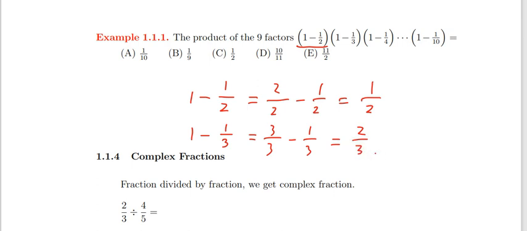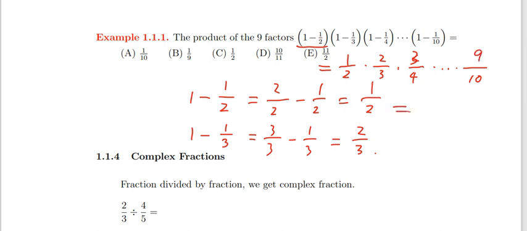So this multiplication is 1 over 2 multiplied by 2 over 3, then 3 over 4 like this. Then the last one is 10, so this is 9, right?